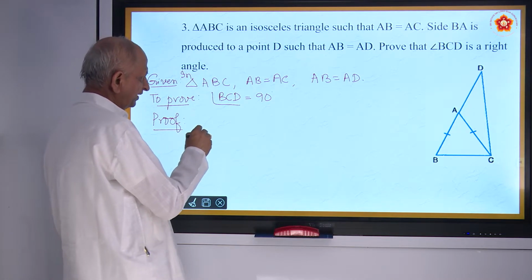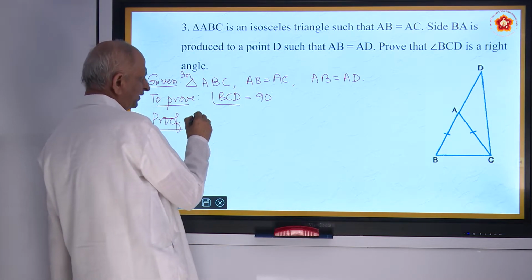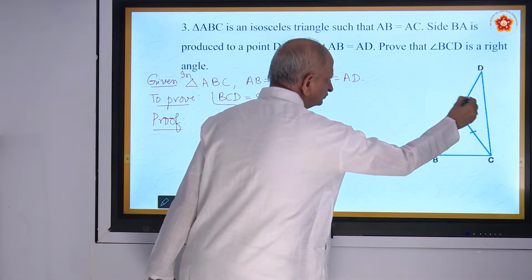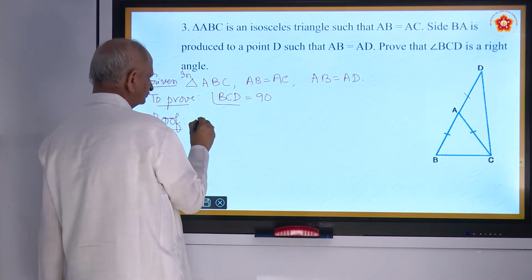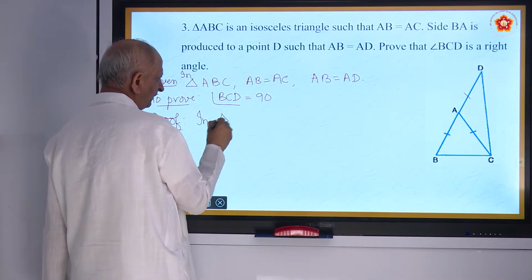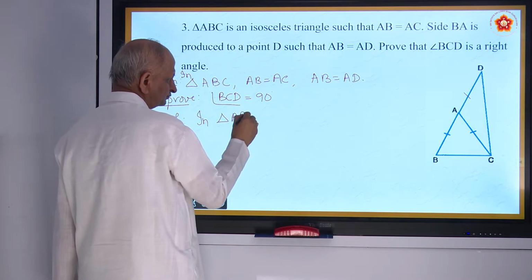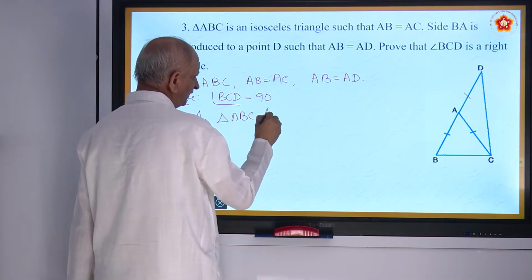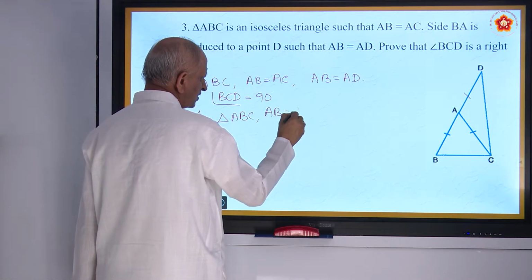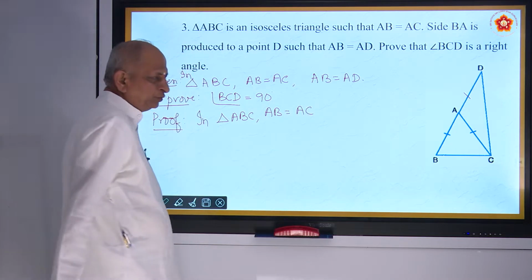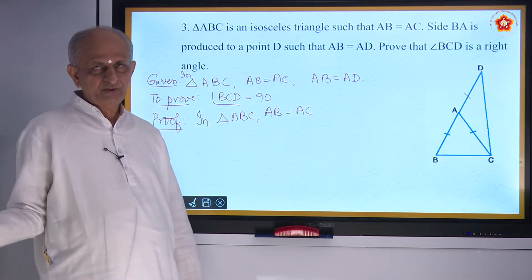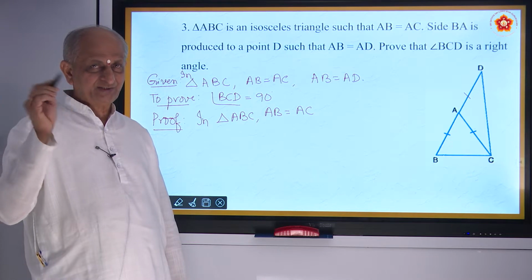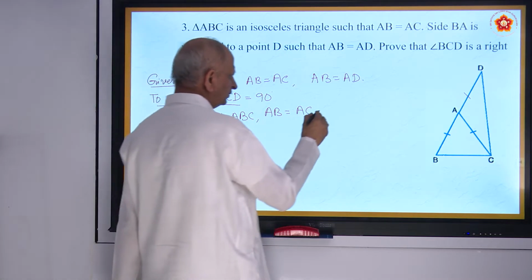We will take one by one. So, in triangle ABC, AB is equal to AC. Therefore, when two sides are equal, by theorem, angles opposite to equal sides are equal. Is it not?